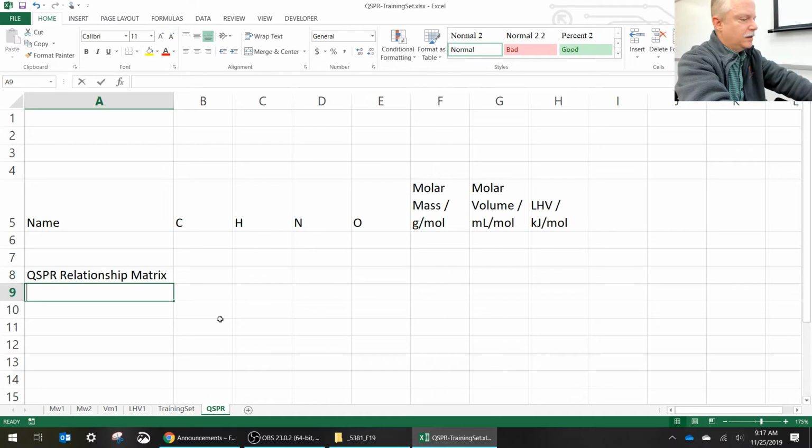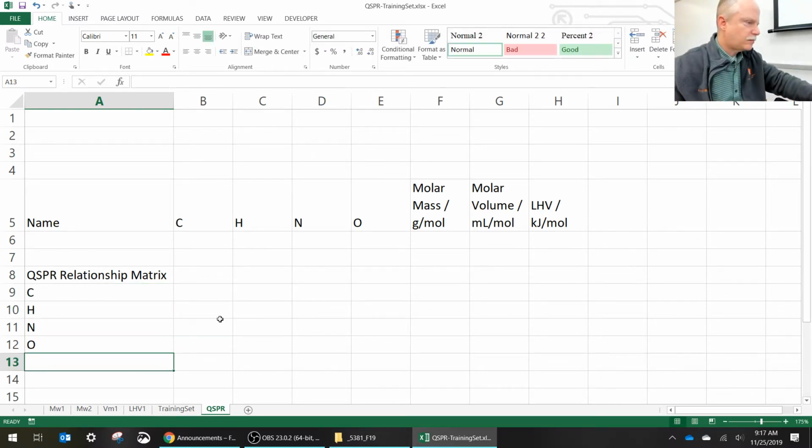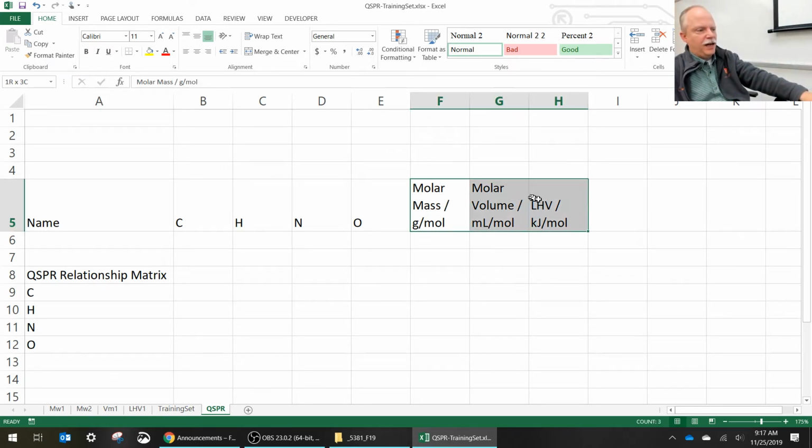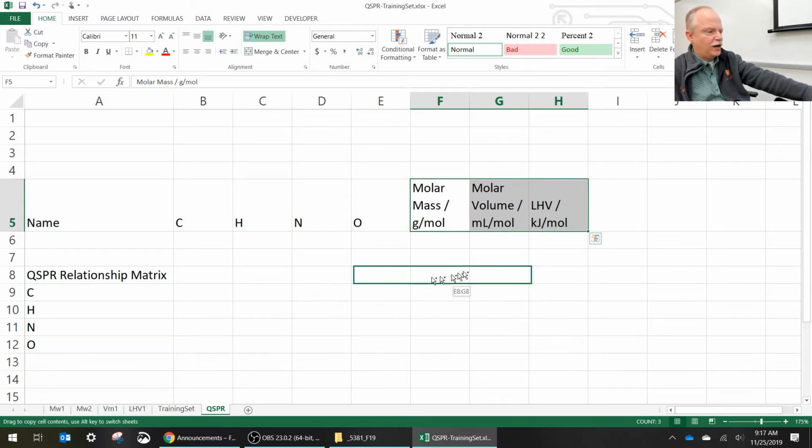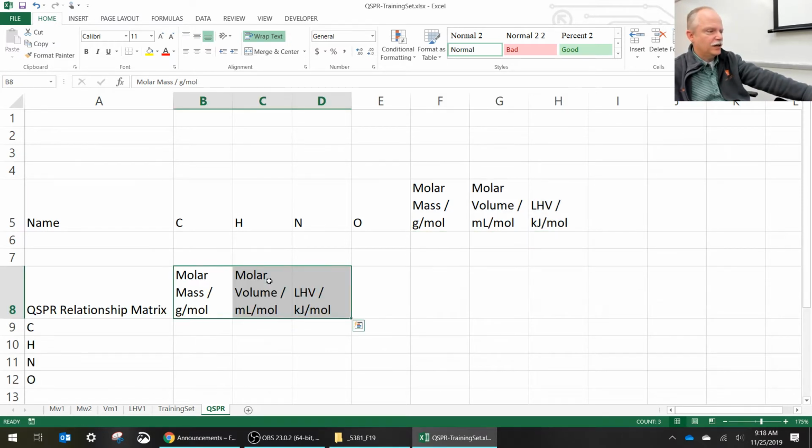Then type a C, H, N, O. Take these 3 headings that we just made and control drag them down here too. So we're going to copy them down there. Everybody see that?